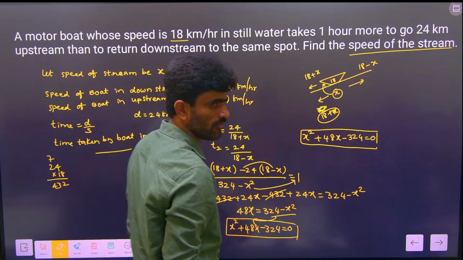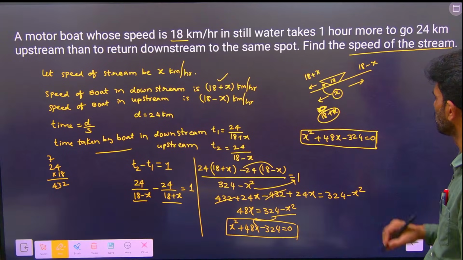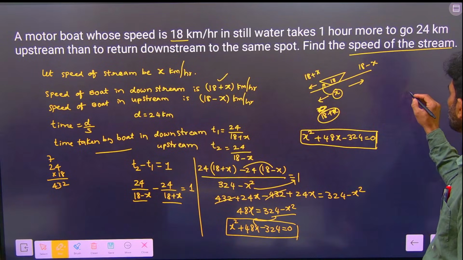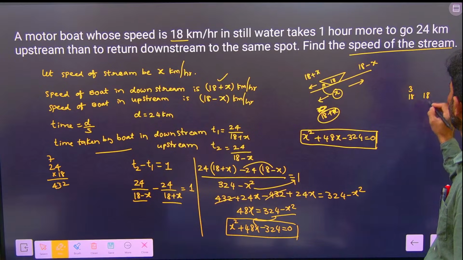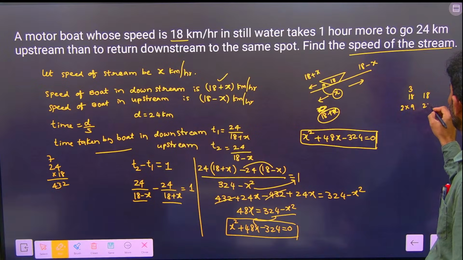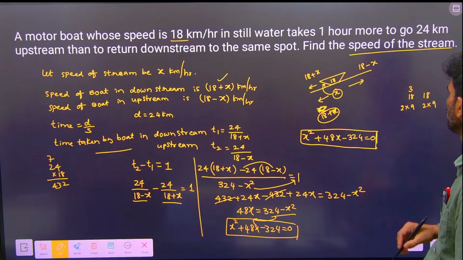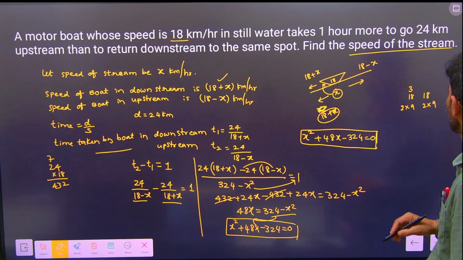You have to find the factors, or we can use the formula minus b plus or minus square root of b square minus 4ac. But with factorization, 18 into 18, we can write it as 2 into 9, 2 into 9, 36 and 4.